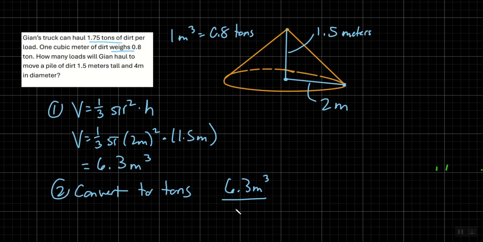So I can divide this by 0.8 tons, because it'd be like 1 over. Yeah. Okay. What would this simplify to? Should be 5.04. What is my units? Tons.